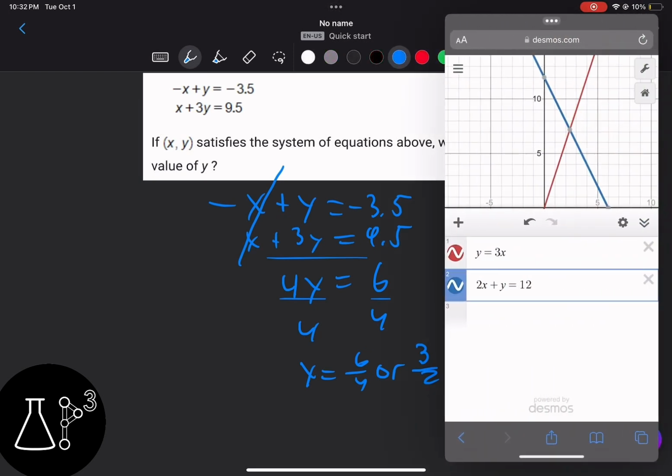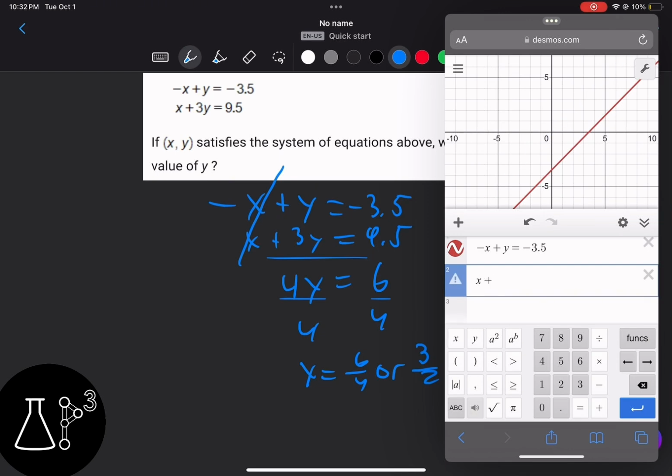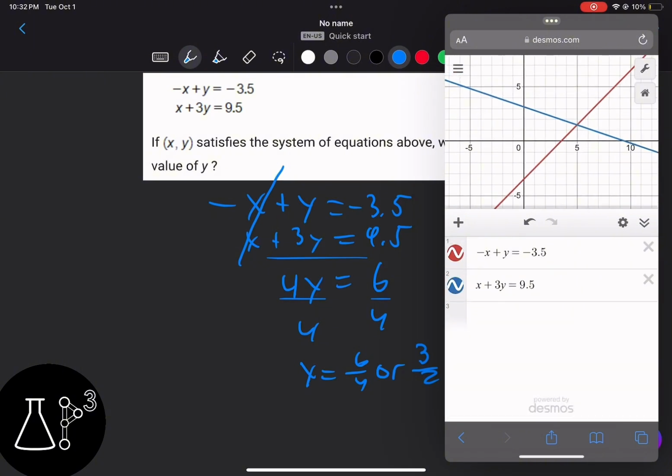So again, if we rewrite it in Desmos, -x plus y equals -3.5, and then we write the second equation, x plus 3y equals 9.5, we see that the only x value and y value that can be used to solve this question is when it equals 5 and 1.5. We don't care about the x values necessarily because they're asking for the y value.